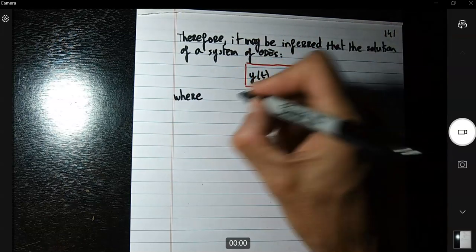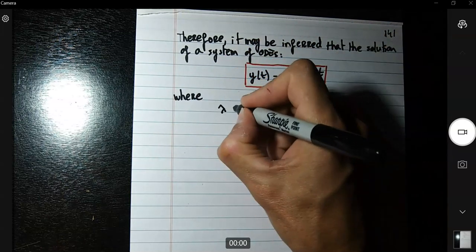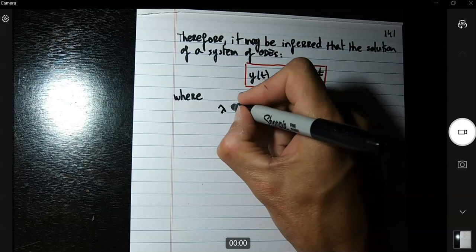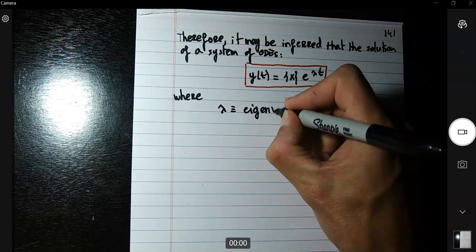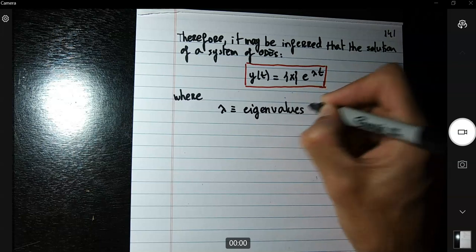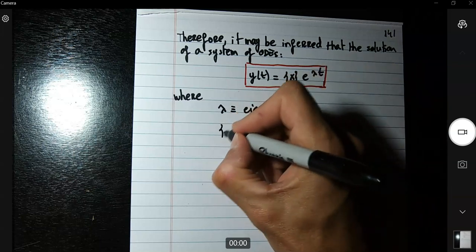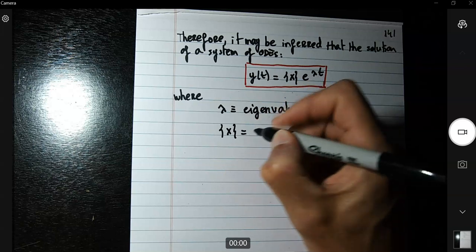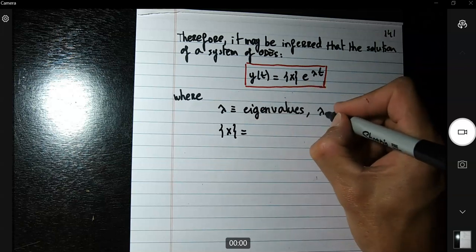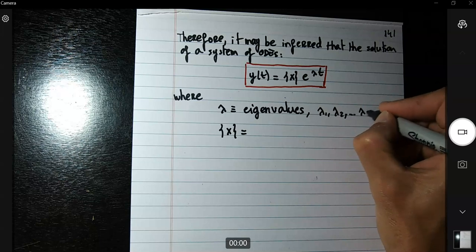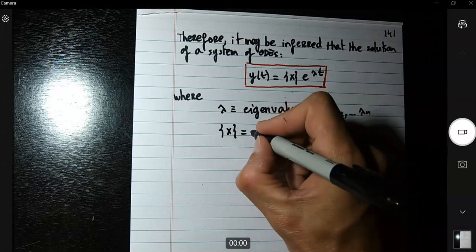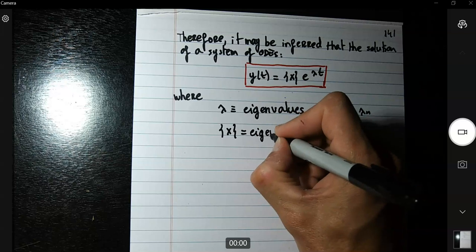In this equation lambda is generally known as the eigenvalues, and x will be alpha 1, alpha 2 up to alpha n, and these will be the eigenvectors.